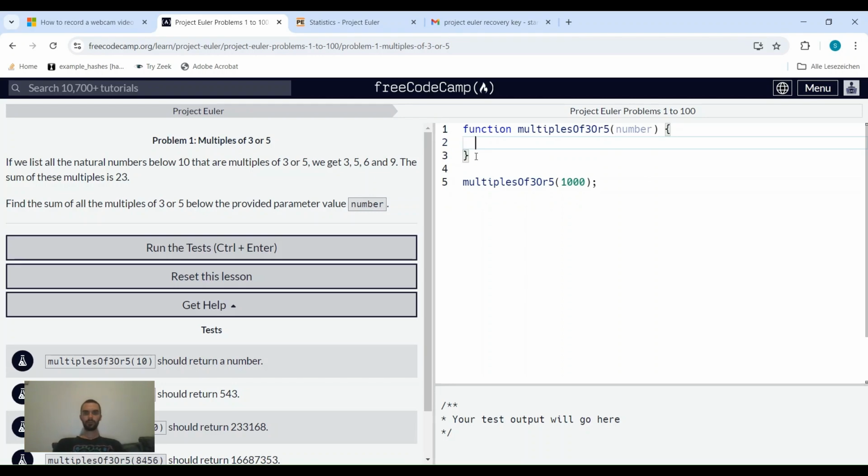Let me just let sum and, oh, it's not Java, it's JavaScript.